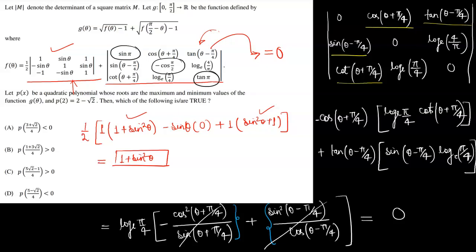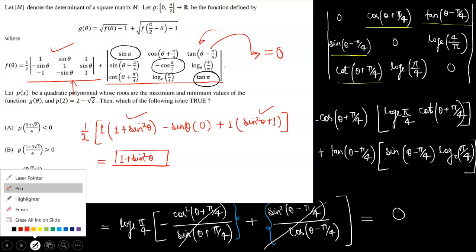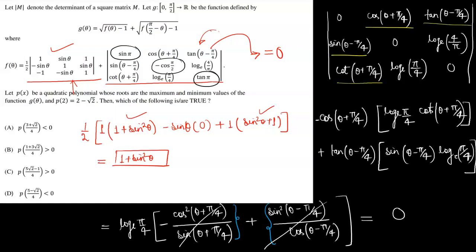Fine. So finally we have evaluated f theta. f theta was 1 plus sine square theta.